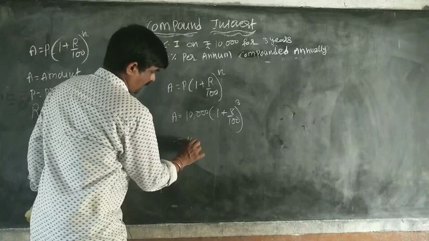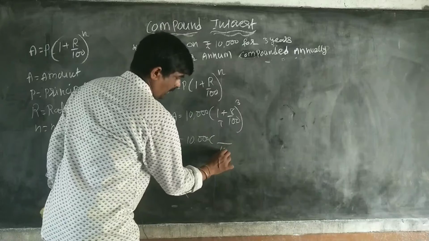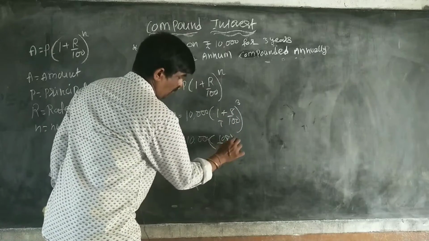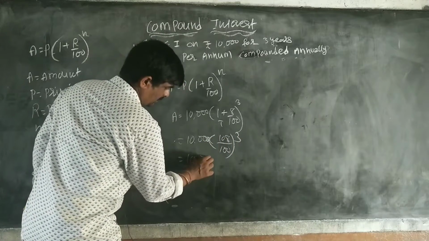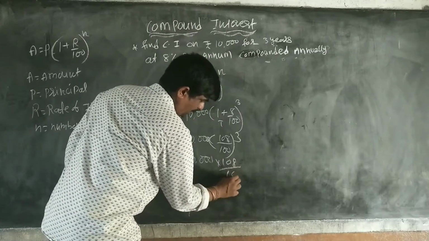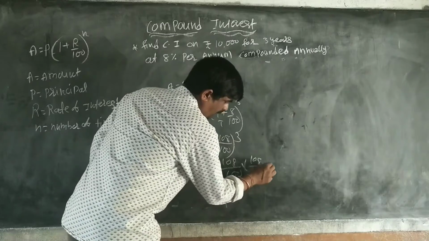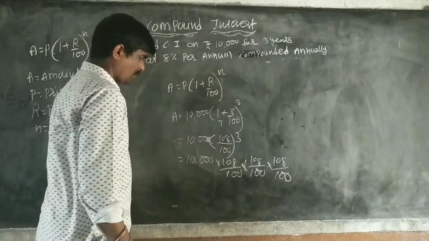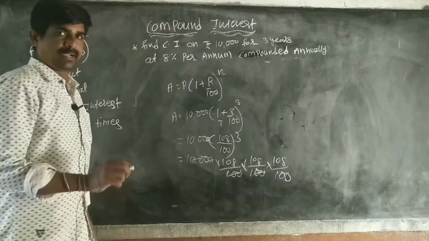Simplify. 10,000 into 100 plus 8, 108 whole power 3, that is equal to 10,000 into 108 by 100 into 108 by 100 into 108 by 100. Four zeros get cancelled.